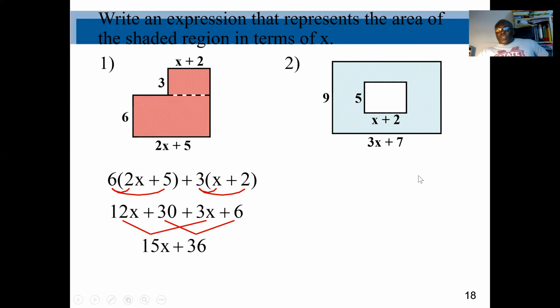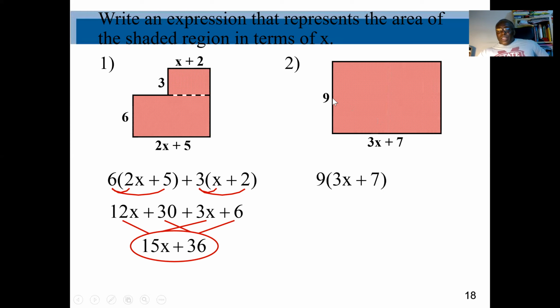The same thing applies to the second question also. So we have the shaded area. We get 9 times 3x plus 7, the same kind of rectangle, the length and the width. Again, 9 times 3x plus 7 is the area of the whole thing, so we multiply. Then remember, there's an inner part which is not shaded.